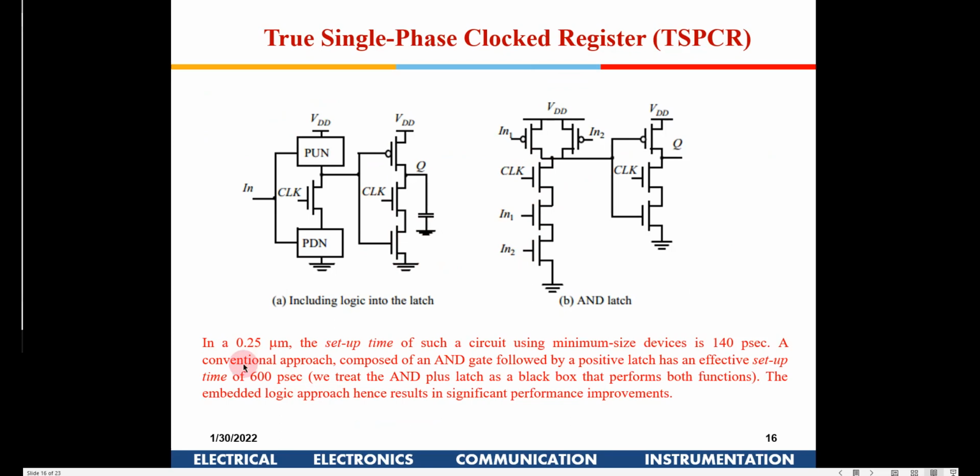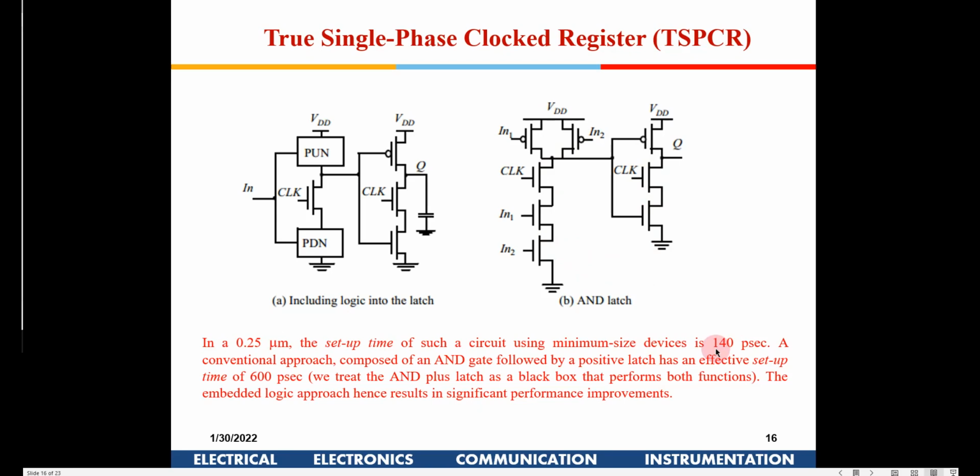If you see, some simulation was done here in 250 nanometer technology, in which the setup time required was 140 picoseconds with this particular configuration, whereas if they do it in a conventional approach, with an AND gate followed by a latch, then a total of 600 picoseconds was the setup time required. So this is just the result of one of the simulations, using an integrated AND and latch together.